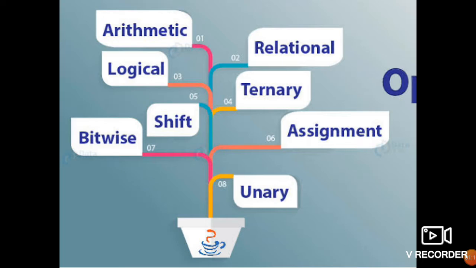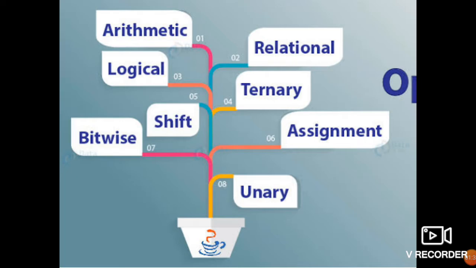Arithmetic means all the operation work which is directly related to calculation only, that is addition, subtraction, multiplication, division, etc. Next comes the logical operator. Logical means where we have to think, where we have to decide that this should be correct or that should be correct.